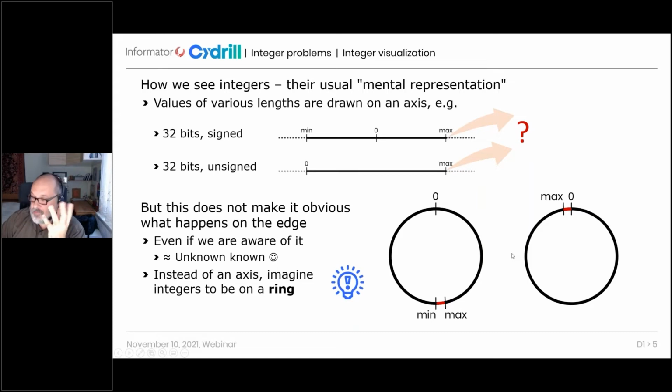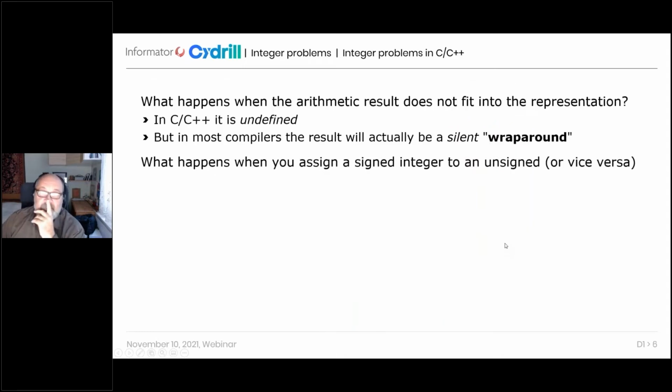And the problem is, just to repeat and emphasize once again, that this is something we all know, but we don't usually take it into account when we write our code, and that paves the way for lots of trouble. So first of all, as we just discussed, if you do an arithmetic operation that results in a value which does not fit, then in C and C++ this is defined as undefined behavior.